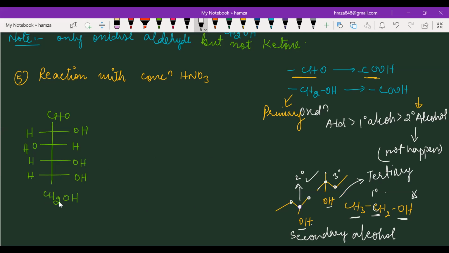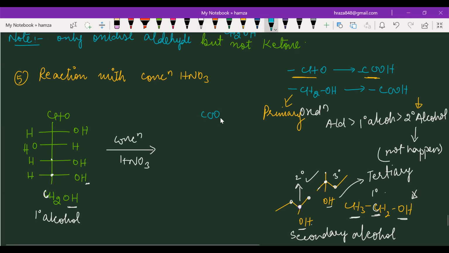Now you can see. First of all, this alcohol is connected to this carbon, and this carbon is directly connected to one carbon. So it is 1 degree alcohol or primary alcohol. And this alcohol's carbon will be 2 degree because it is connected to the lower carbon and this carbon. So all the other carbons connected to alcohol are secondary, so they cannot oxidize. If you react this with concentrated HNO3, what will happen is very easy.